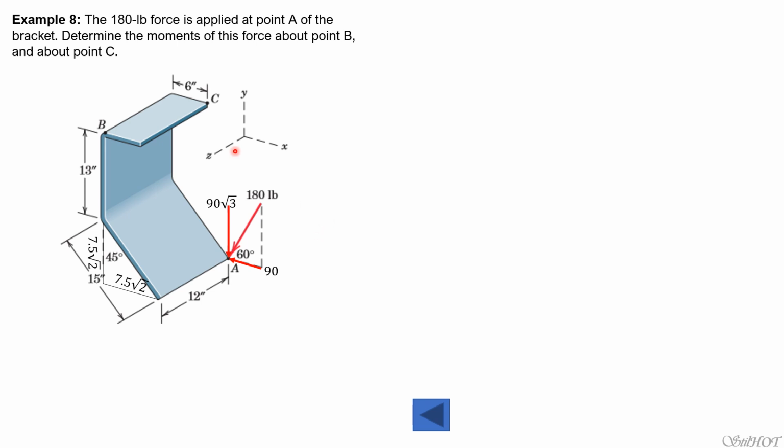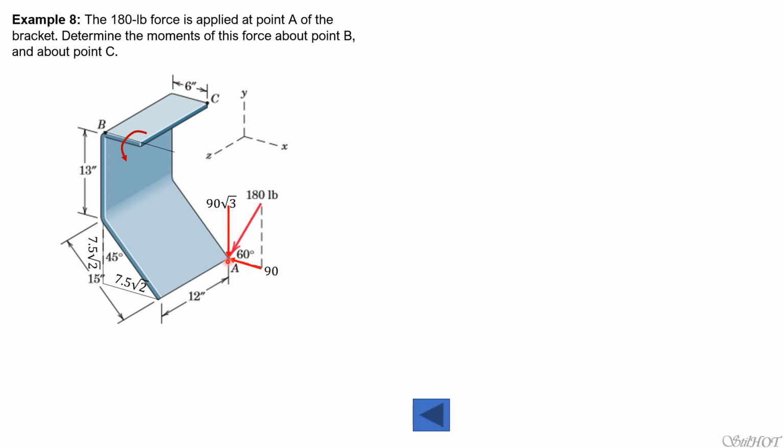First, because we solve this by scalar approach, we consider the summation of moments about the Bx axis. By the right thumb rule, the direction of positive moment should be going in that direction. So the right thumb is positioned towards the positive x-axis, and your forefingers will be curling in this manner.